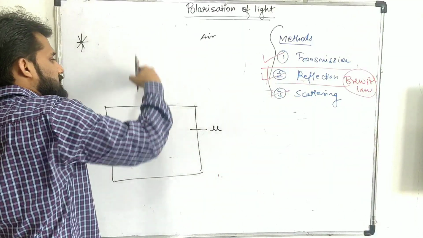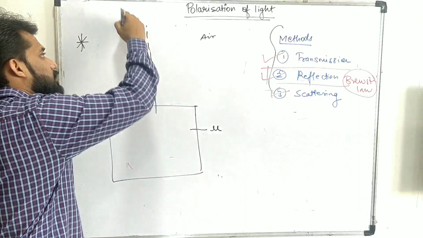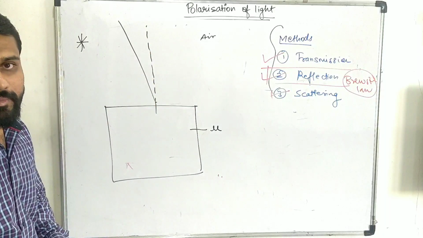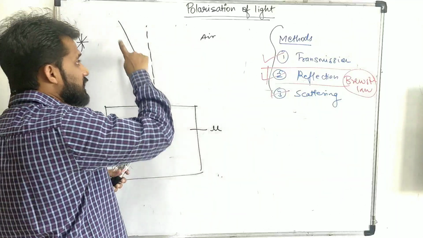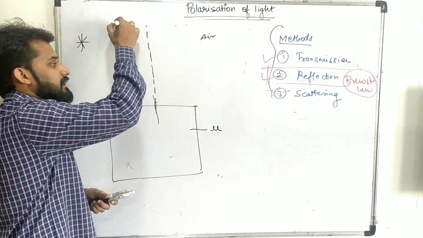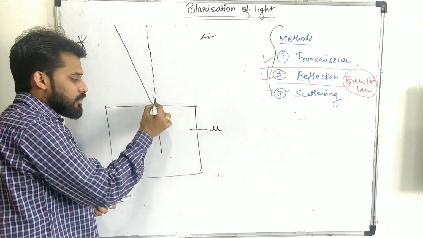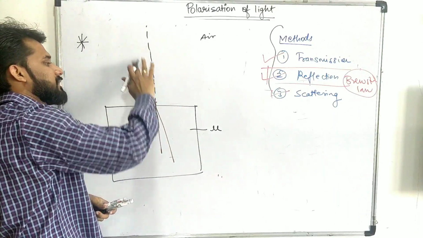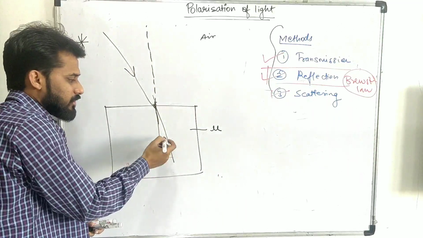Brewster made light incident on this glass slab. After incidence, we know the light should enter the medium, going from rarer to denser. It will bend towards the normal, everything is good.